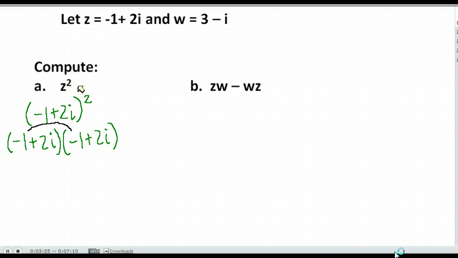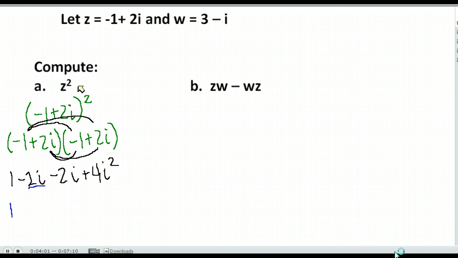So I take the negative 1 times everything. Negative 1 times negative 1 is positive 1. Negative 1 times 2i is a negative 2i. Then I go to the 2i and multiply it. 2i times negative 1 is negative 2i. And 2i times 2i is 4i squared. Now all we have to do is go ahead and simplify.